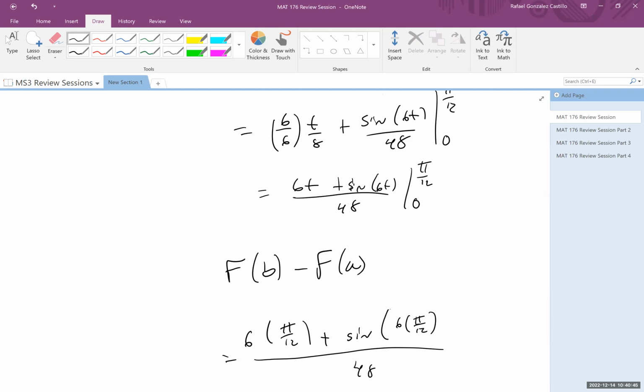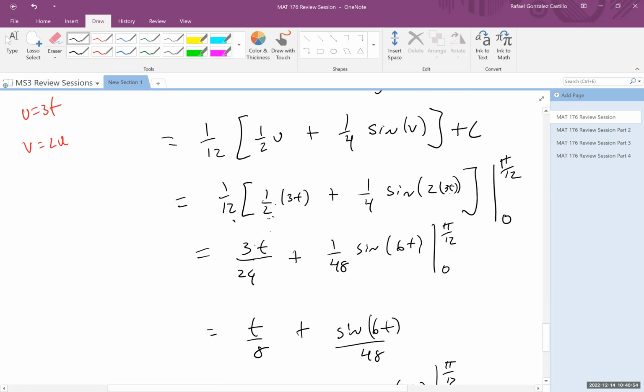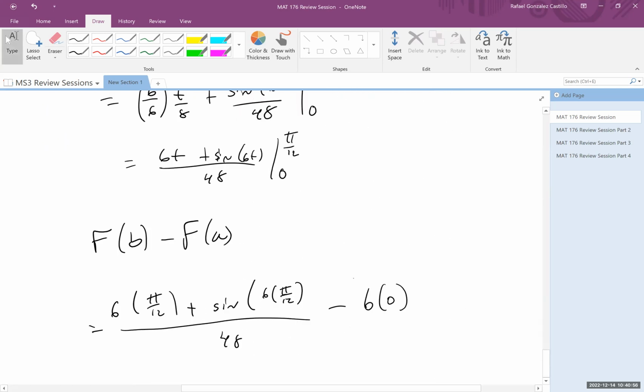And we have here minus 6 times 0 plus sine of 6 times 0, over 48.